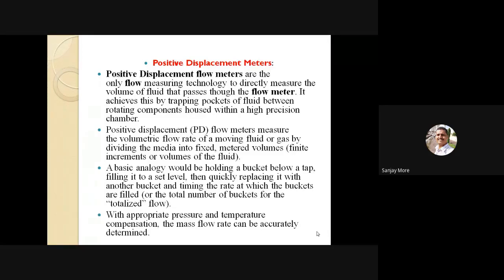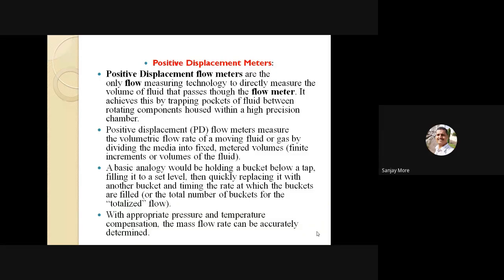Also, positive displacement flow meters are used to measure the volumetric flow rate of moving fluid or gas by dividing the media into fixed or metered volume. A basic analogy would be holding a bucket below a tap, filling it to a set level, then quickly replacing it with another bucket and timing the rate at which the buckets are filled. The total number of buckets gives the totalized flow.